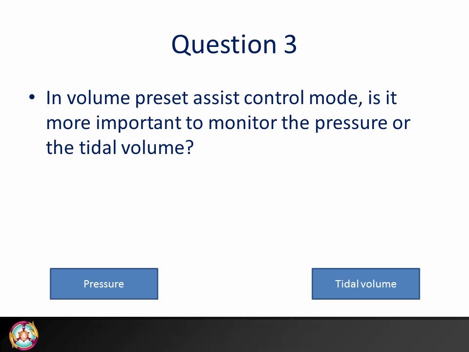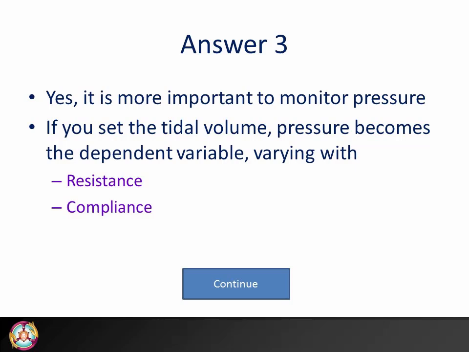In volume preset assist control, is it more important to monitor the pressure or the tidal volume? Yes, it is more important to monitor pressure because pressure becomes the dependent variable if you set the volume, varying with resistance and compliance.